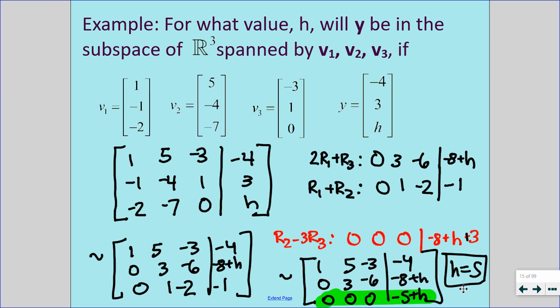So what I did is I created an augmented equation, and I solved for h, looking for a consistent system. So that is how you determine what values of h will allow y to be in the span.